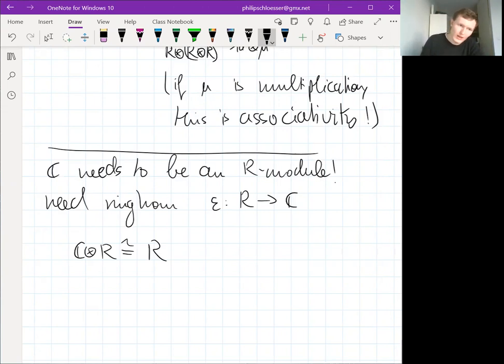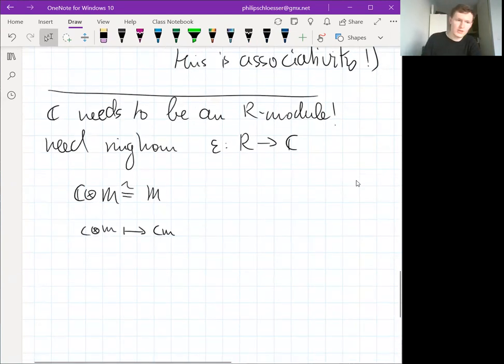So something like C tensor M, for any module M. If we map this just to C times M, that should actually be a morphism of R modules.